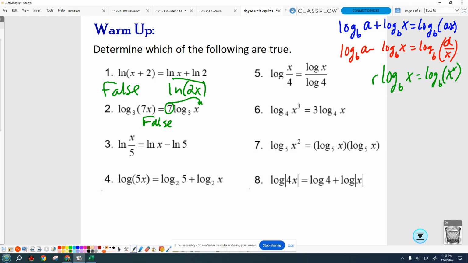All right. Third one. Okay, I see a true and another true.